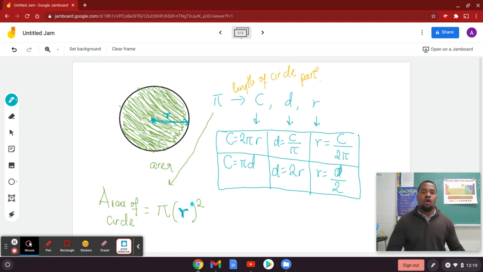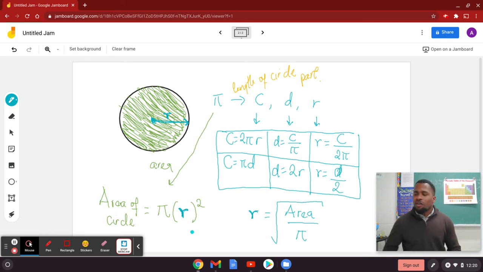And to go back from the area to determine our radius, all we do is the other way around. Remember that to do that, we have to undo. So if you're given the area, it means that our area in this case is all going to be divided by our pi, and then we do the square root, because the opposite of square is square root.